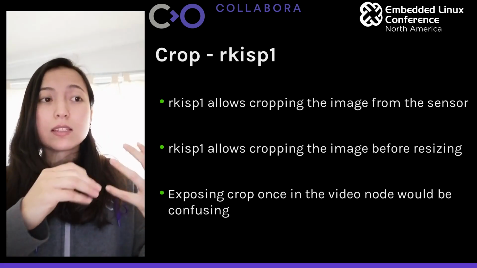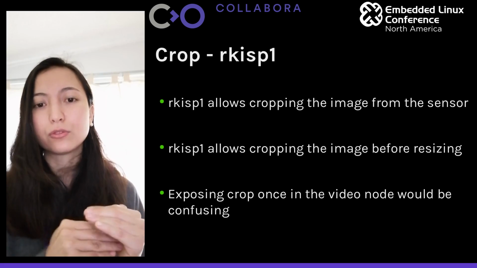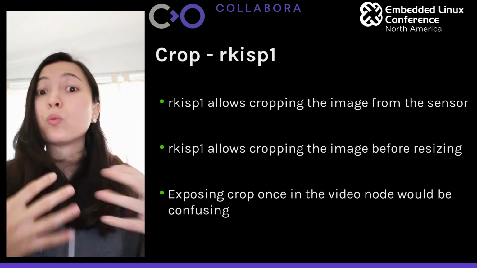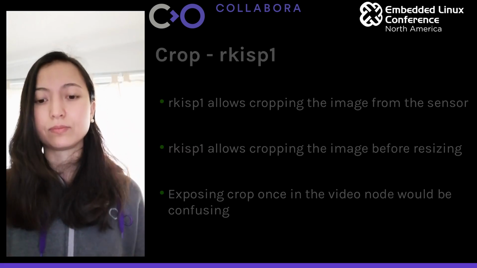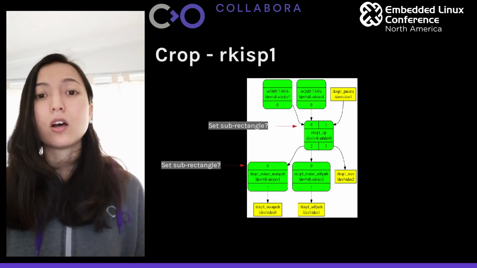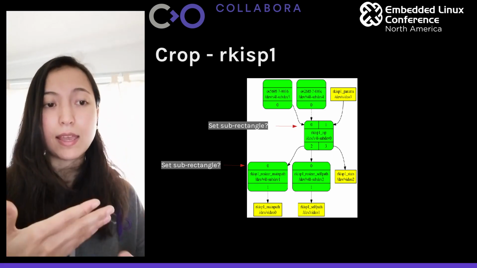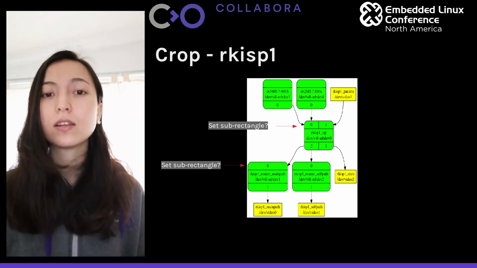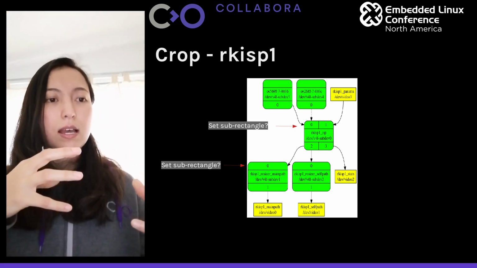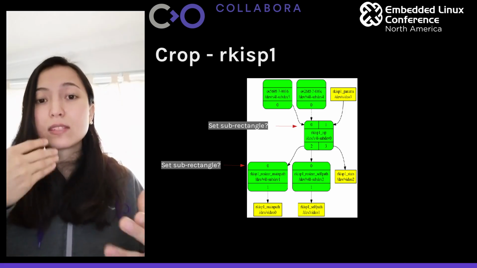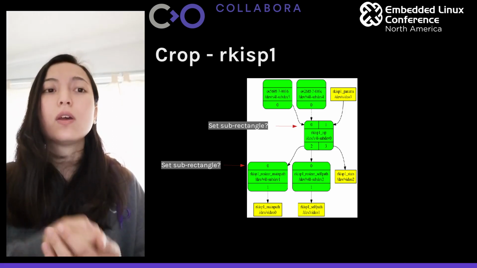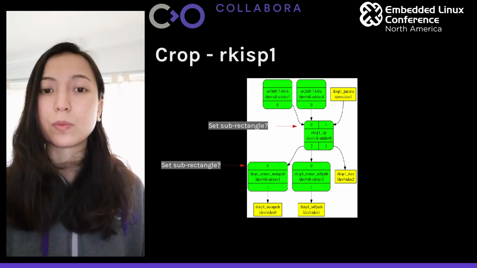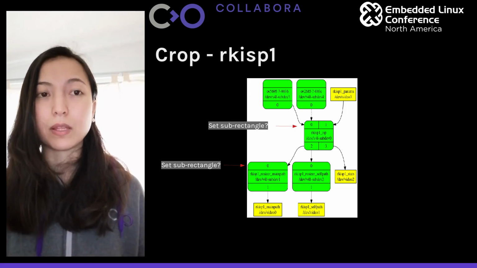And exposing this crop only once in the final video node would be confusing for user space, since it wouldn't know which cropping the driver is using. So instead of exposing the crop only on the final node and allowing auto configuration, we expose the API of selecting a subrectangle on the topology in specific paths to make it clear to user space where this cropping is taking place.